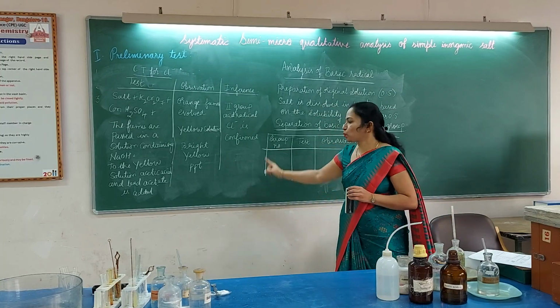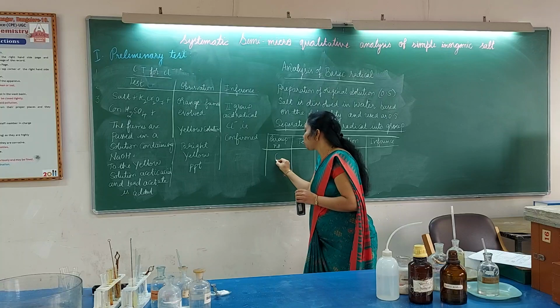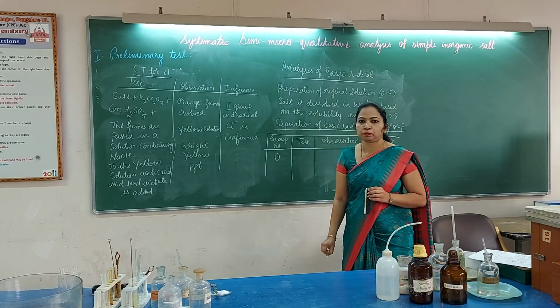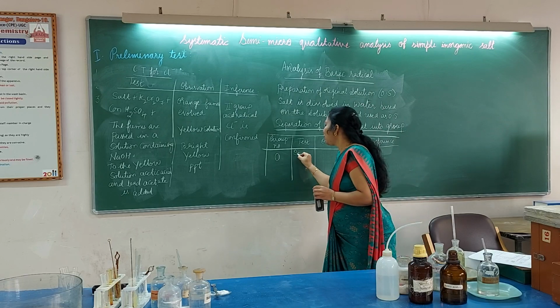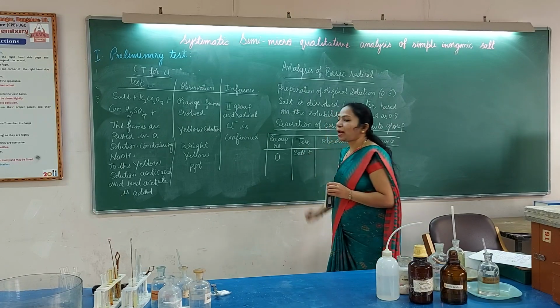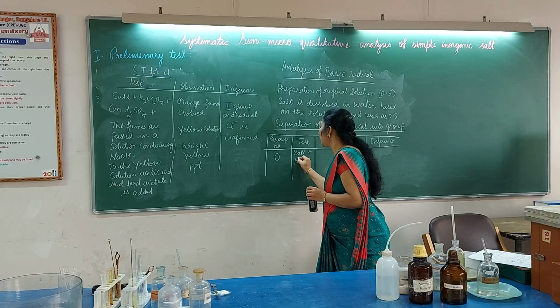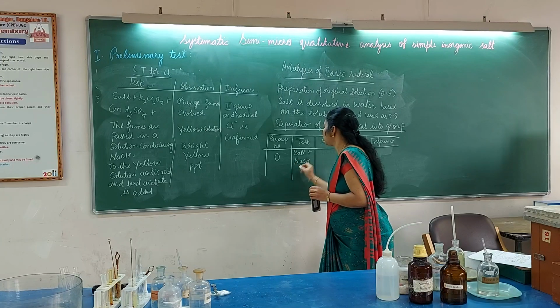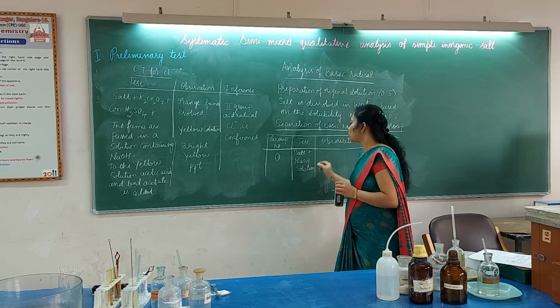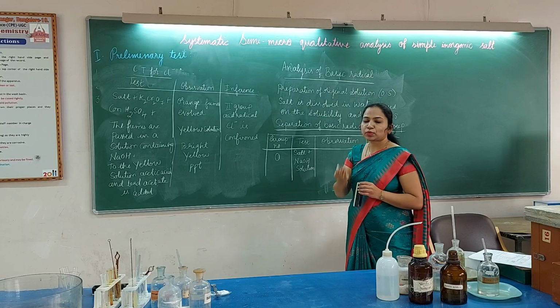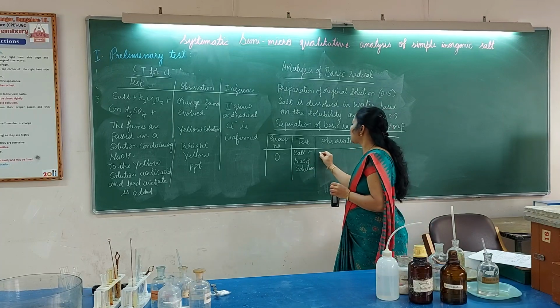So first we have detected the 0 group, so you have to mention 0 over here. Fine. Test. What we have added? We have taken the salt plus we have added NaOH solution. When we added NaOH solution, you can smell the pungent smelling gas of ammonia.